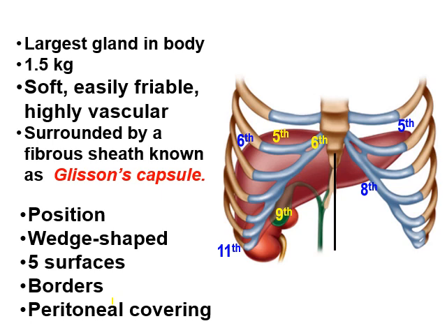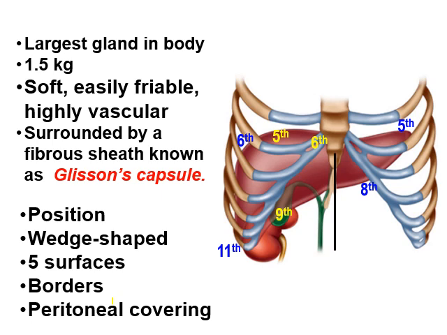It is a wedge-shaped organ, has 5 surfaces: the anterior surface, superior surface, inferior surface, posterior surface, and right lateral surface. The right lateral surface forms the base of the wedge.